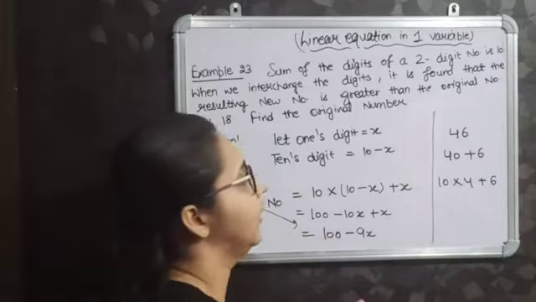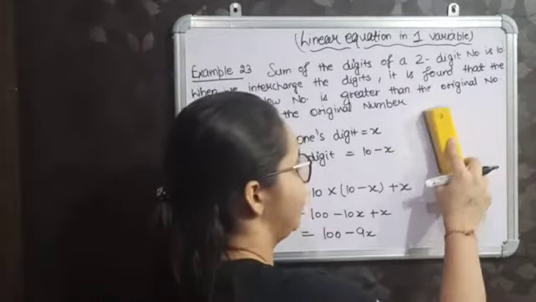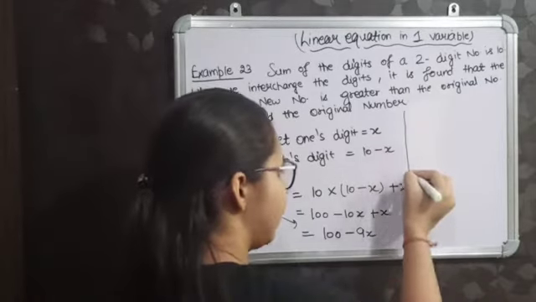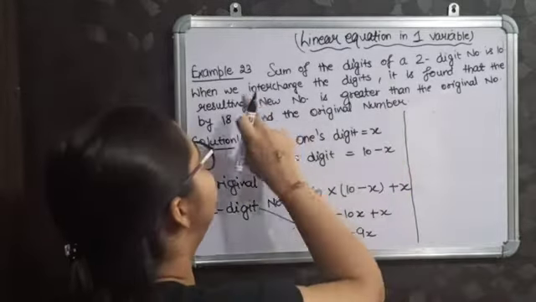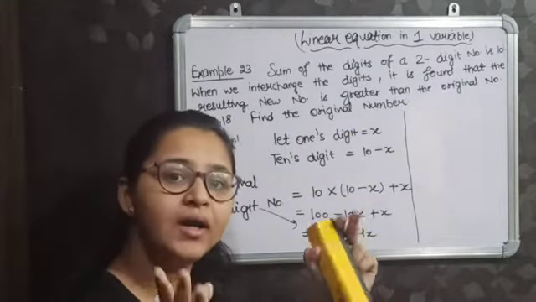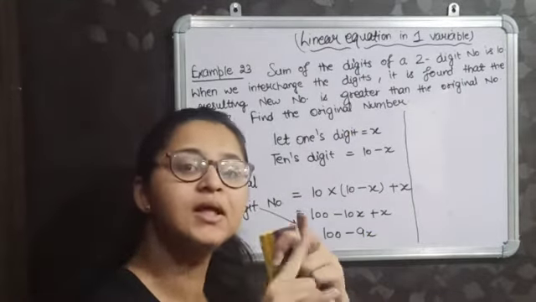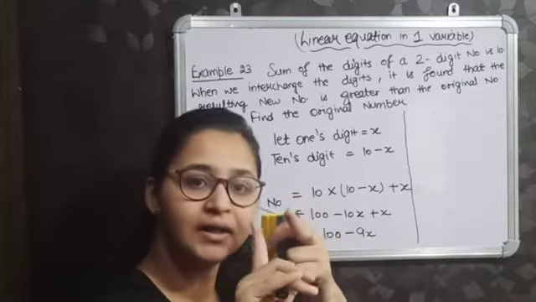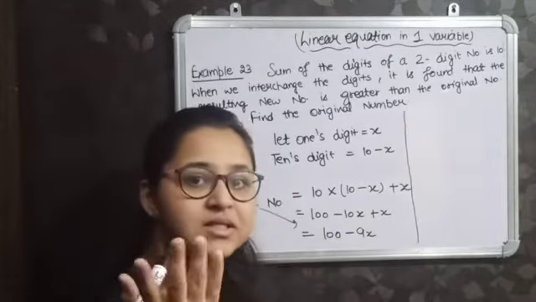Got it? Okay, now come to another part of your question. It says that when we interchange the digits, interchange means you are replacing the ones digit by the tens digit, and in place of the tens digit, the ones digit will come.